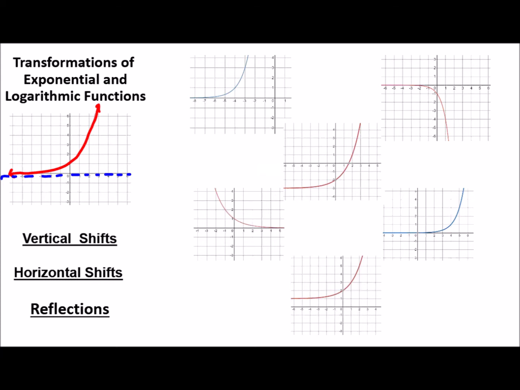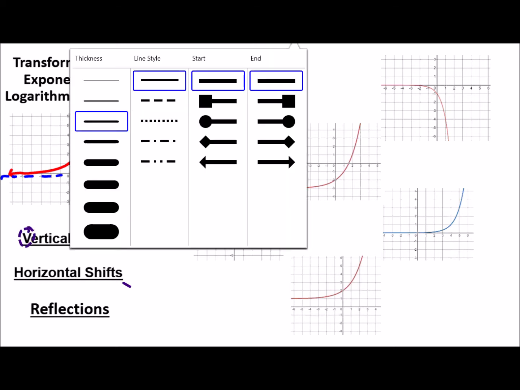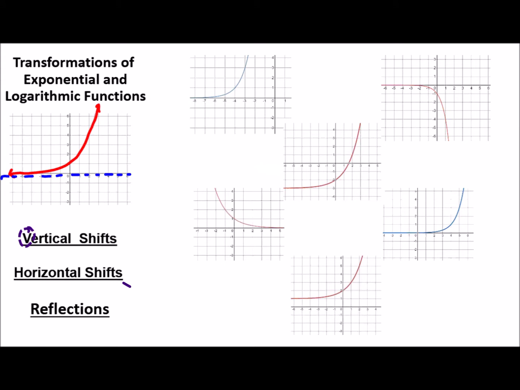Doesn't matter though. What I want you to look at is these other graphs and try and tell me what kind of transformation has been made. There's 3 that we're going to talk about. There's vertical shifts. Shifts just means moving it. Vertically would be moving it up or down. Then there's horizontal shifts.